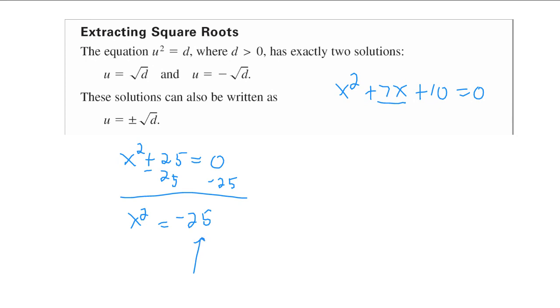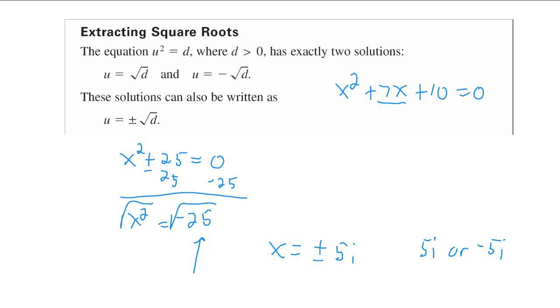Yes, there's going to be an i in our answer. That is absolutely correct. So when we take the square root of both sides, we're going to end up with x equals plus or minus 5i. So my answer is going to be 5i or negative 5i.